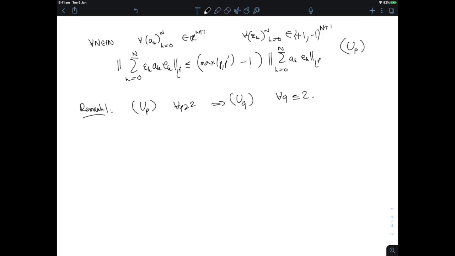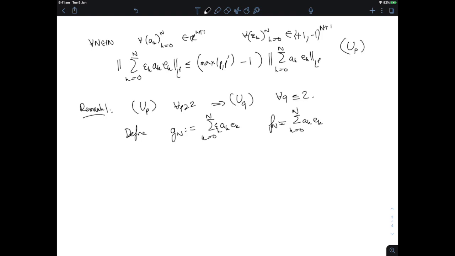Alright, so let's first see that duality argument. So the duality argument goes like that. We're going to define, let's call that Gn, that's going to be the sum of the epsilon k, AK, EK. And let's define Fn to be the sum of the AK, EK.